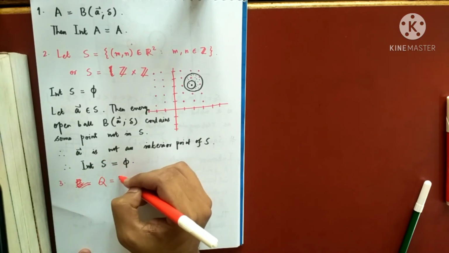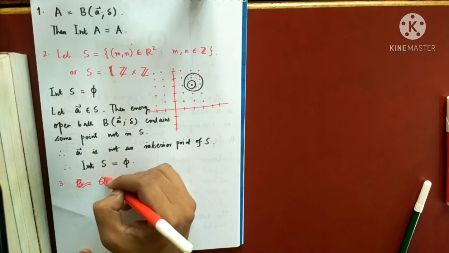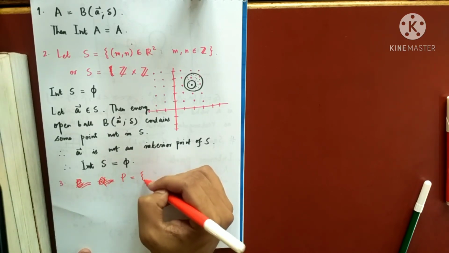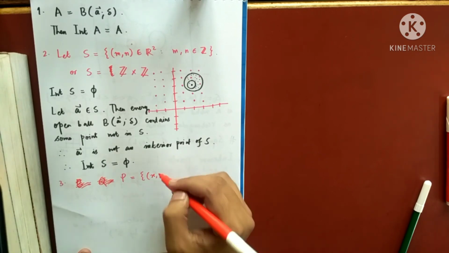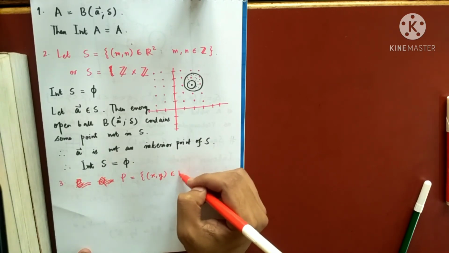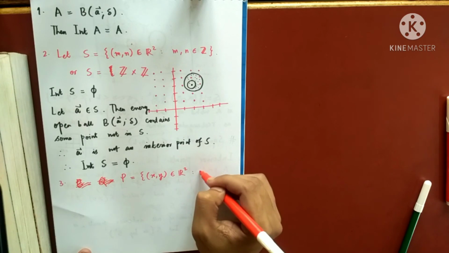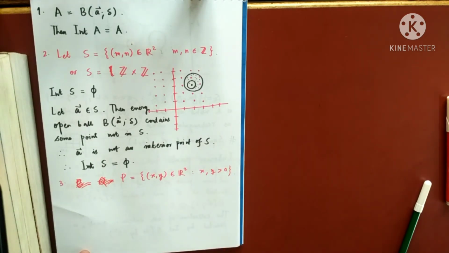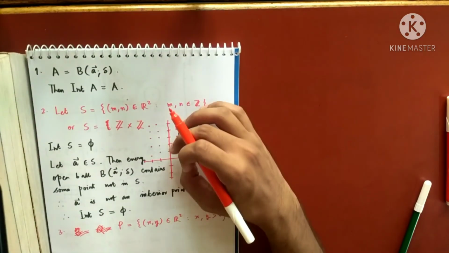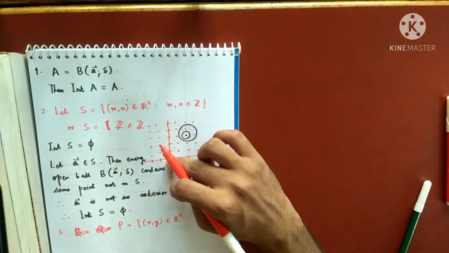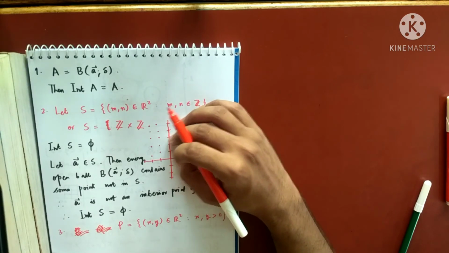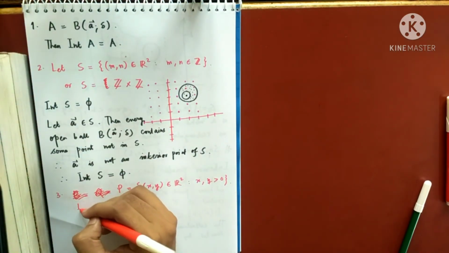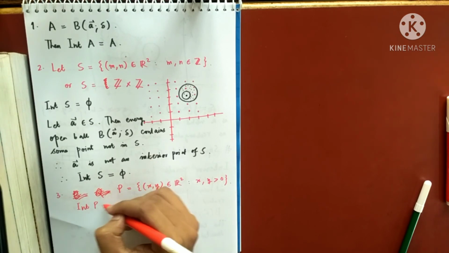What is P? It is the set of (x, y) in R2 such that x and y both are positive. That means I'm talking about the full first quadrant, leaving this line and leaving this line. This is P. Find the interior of P. That is your task to do.